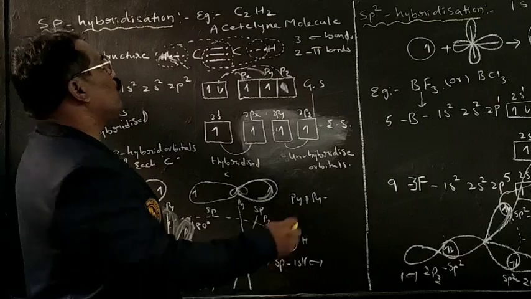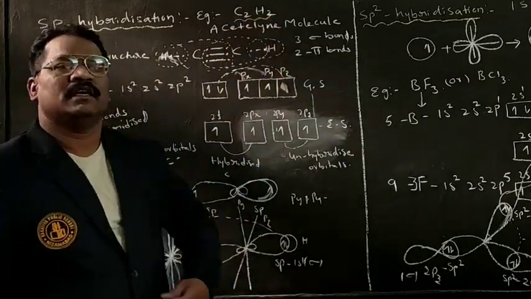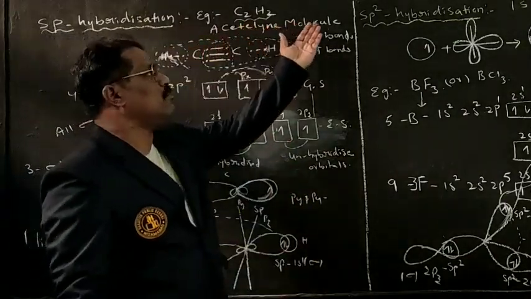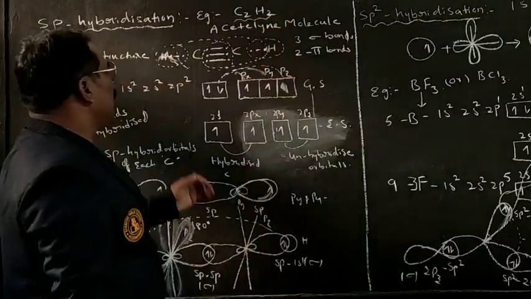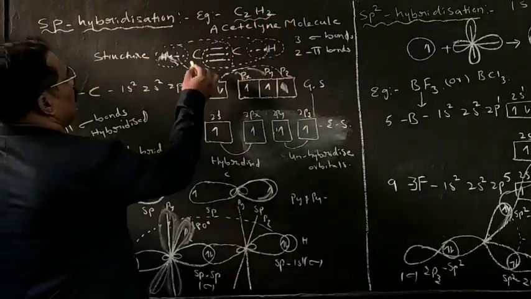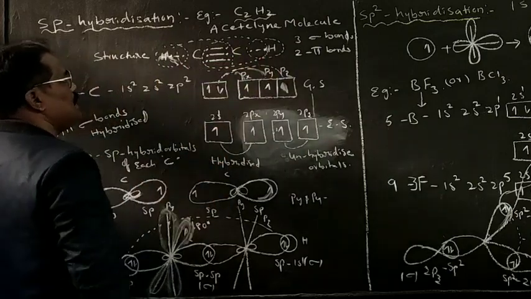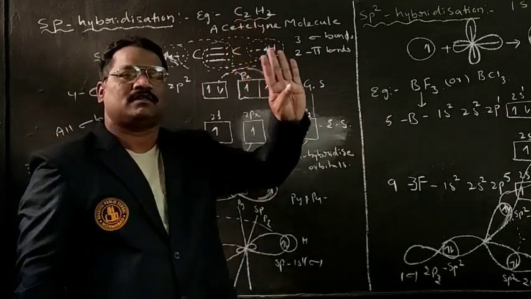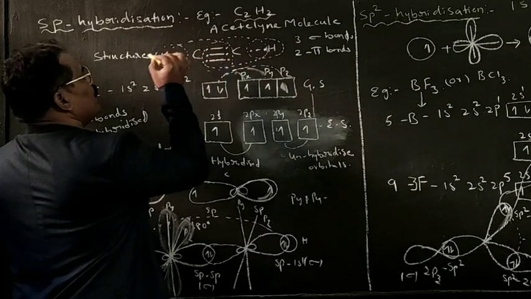Next, coming to one more example of sp hybridization is C2H2, the acetylene molecule. How will this acetylene molecule form? If you go for the structure, two carbons, two hydrogens. Carbon has a valency of how many electrons? 4 electrons, 1, 2, 3, 4.